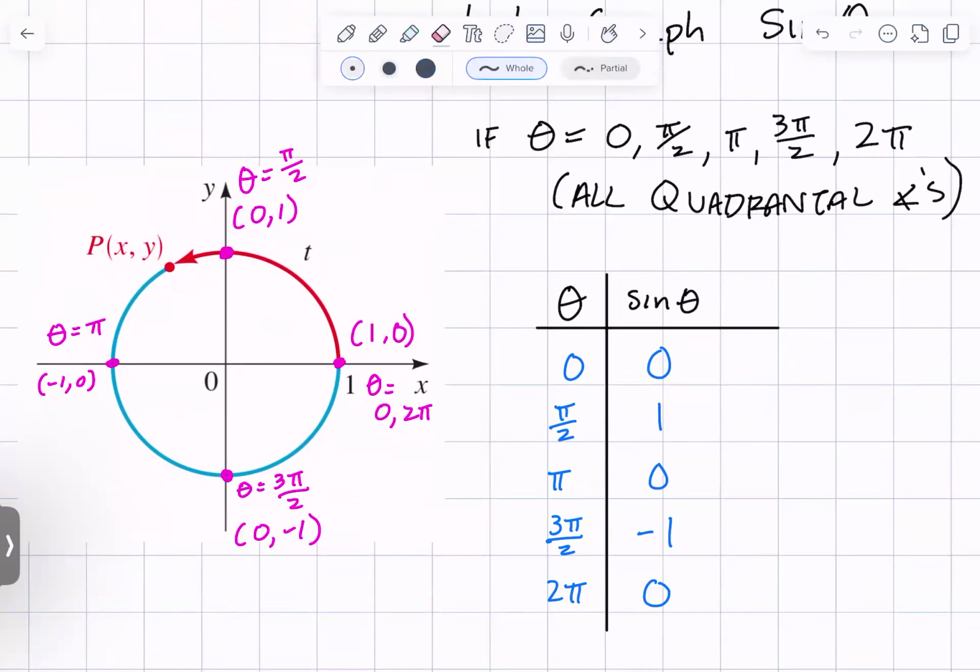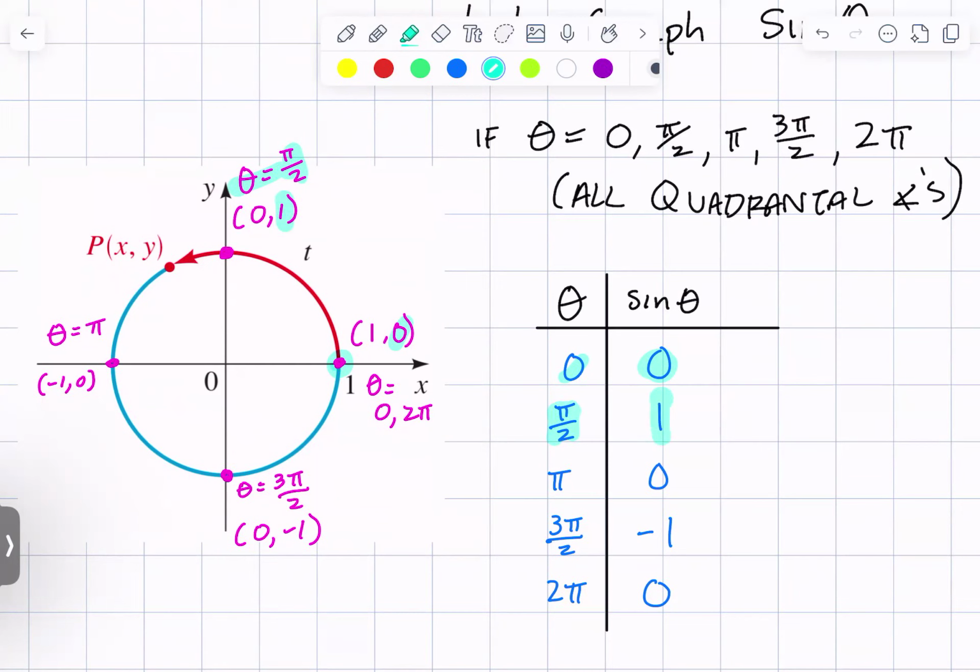At theta equals 0, at this point right here, our sine value is 0 because that's my y-coordinate. Pi over 2 is here. My sine value is 1.